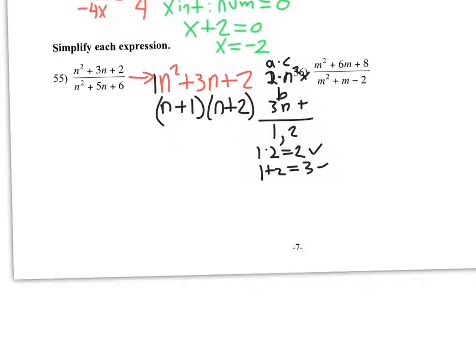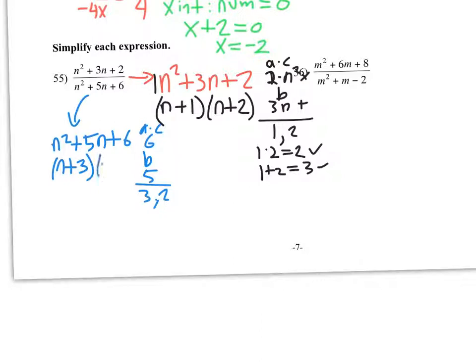Okay, let's now do the bottom. So we've got n squared plus 5n plus 6, same thing. A times c is going to be 6, b is going to be 5. Things that multiply to 6 and add up to 5 are going to be 3 and 2. That gives me n plus 3 and n plus 2.